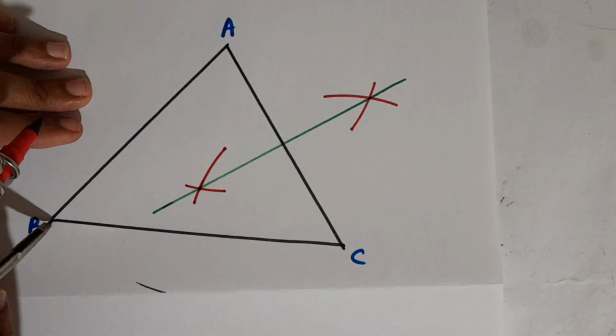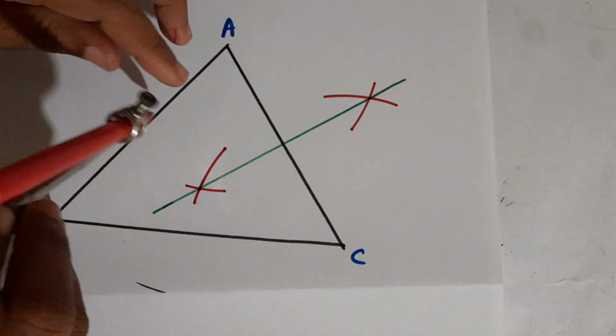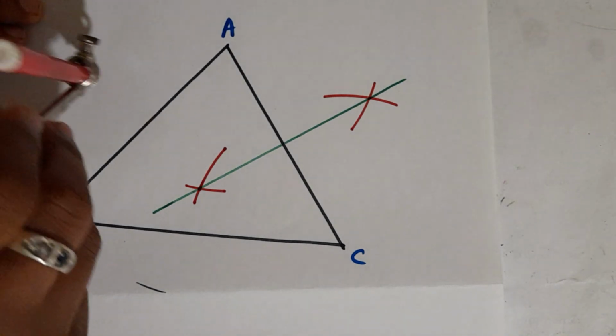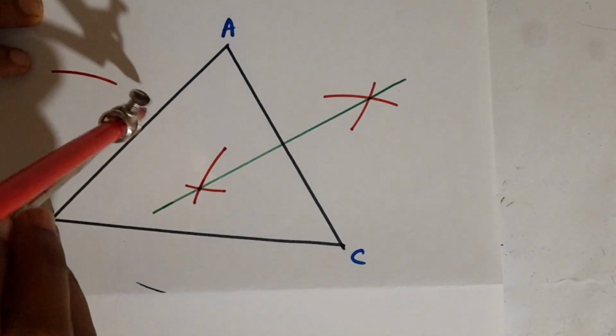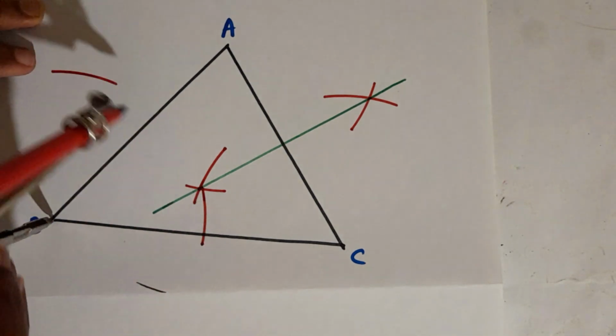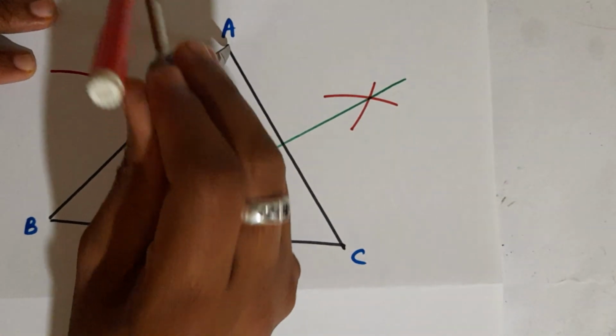Now let's construct the perpendicular bisector of the line segment AB. In this way, now we know how to construct the perpendicular bisector.